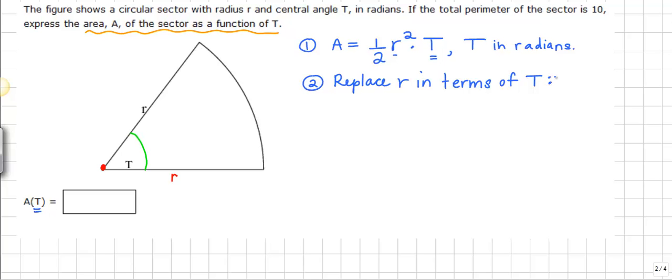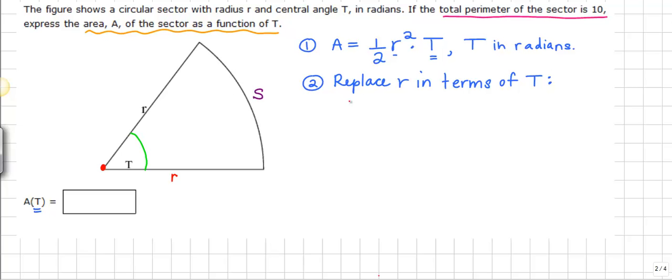which we discussed in my earlier lessons: we would need to reread the question and look for something that is not area to relate r and t, usually a numerical factor, but it doesn't have to be. But in this case, you are given that the perimeter, including the arc length, is 10.